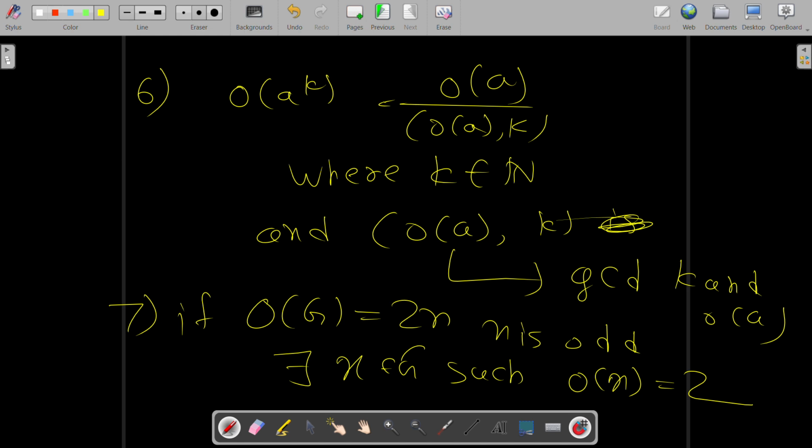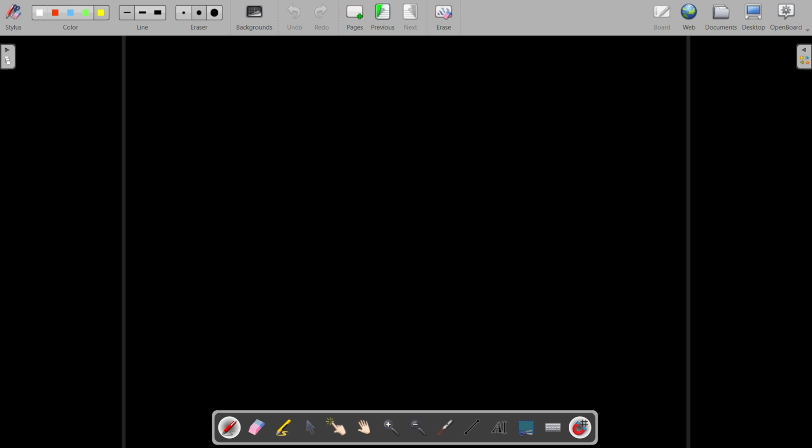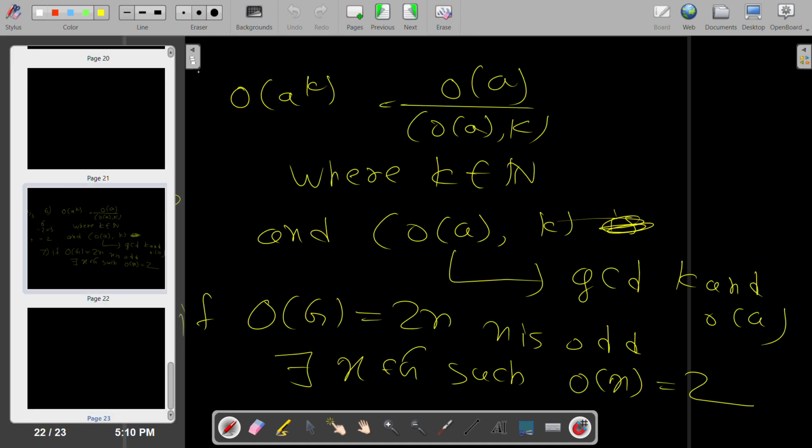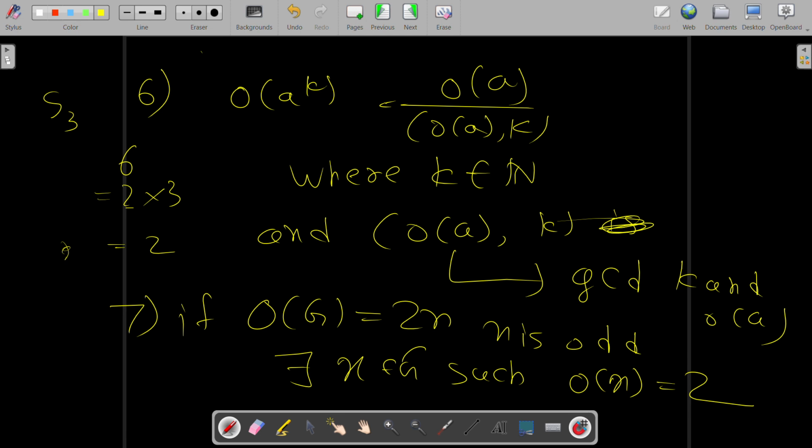So if there is a group of order 6, that is 2 into 3, there will exist an element of order 2. You can take the example of S3 for this problem and check it out. S3 is the symmetric group.